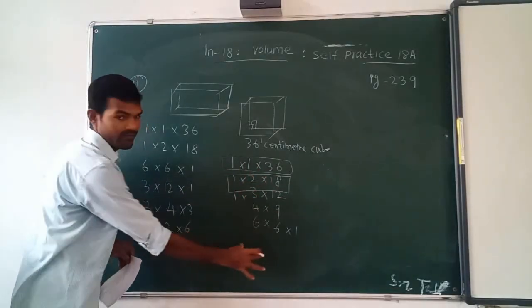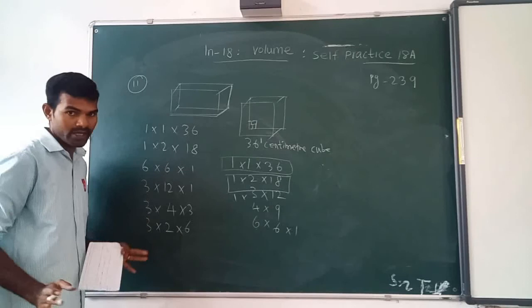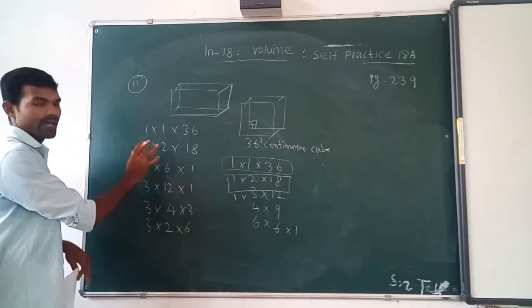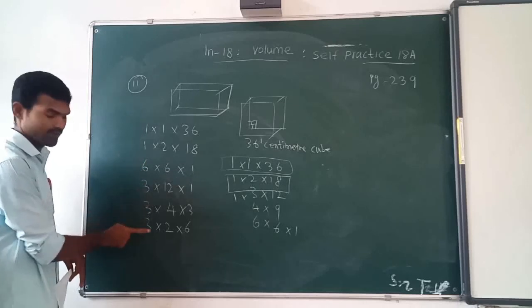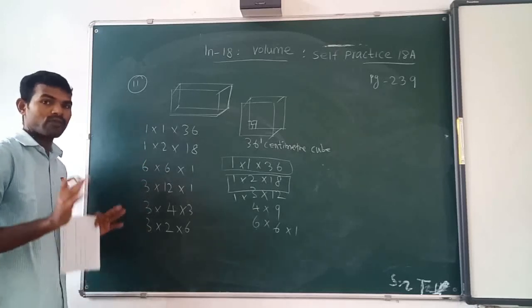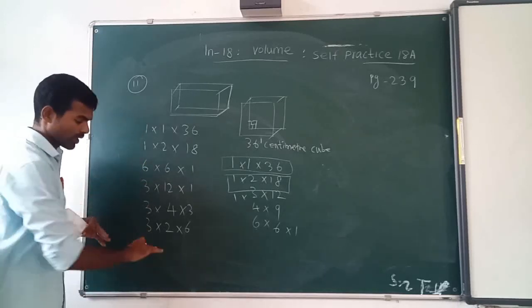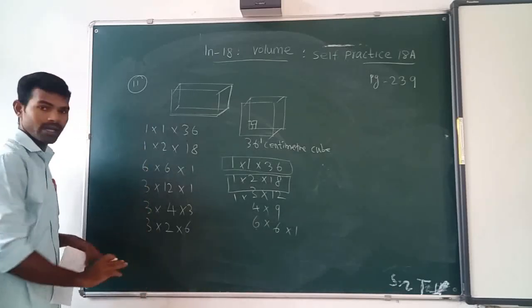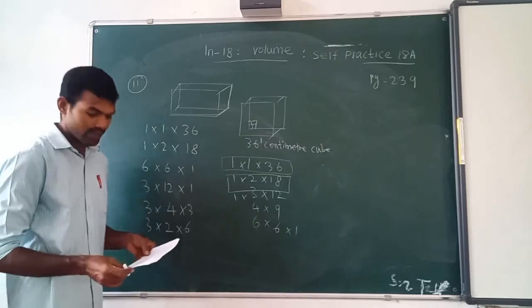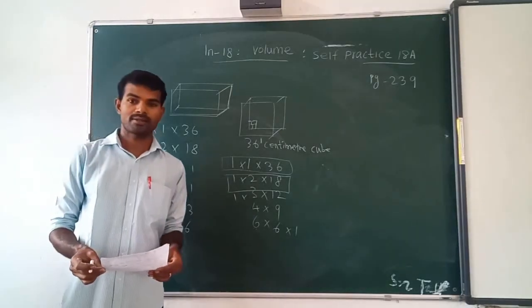With the factors you can form many cuboids, but the question asks for only 6: 1, 2, 3, 4, 5, 6. This is sufficient. If you know how to make many, you can write them at the end. This is the answer. Okay, children, we will see in the next class. Thank you.